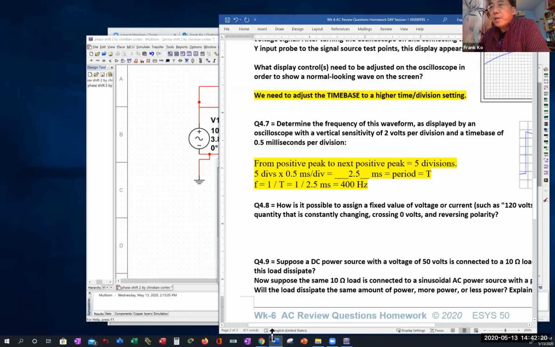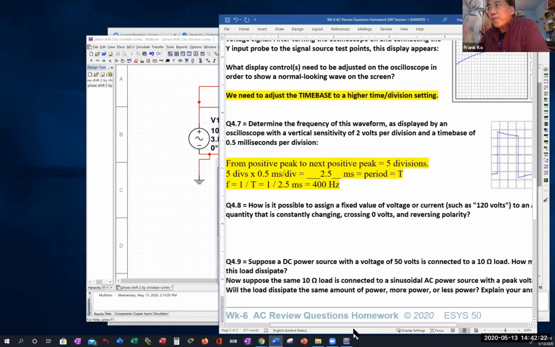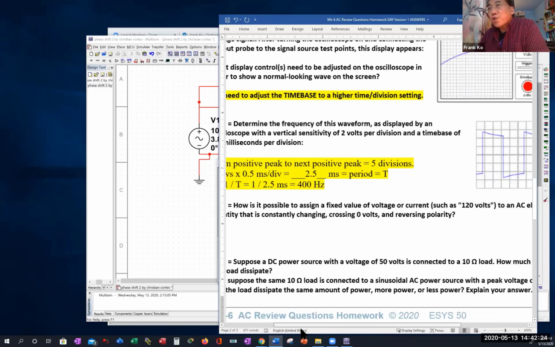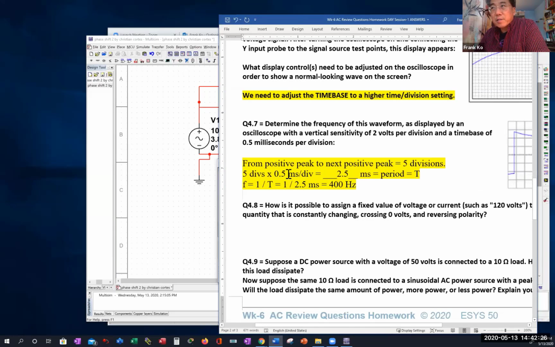So from positive peak to positive peak, we counted 5 divisions. Each division was worth half a millisecond. So 5 times a half gives you 2.5 milliseconds. What you just calculated is called the period. Period is the time for one cycle. We needed to calculate frequency.